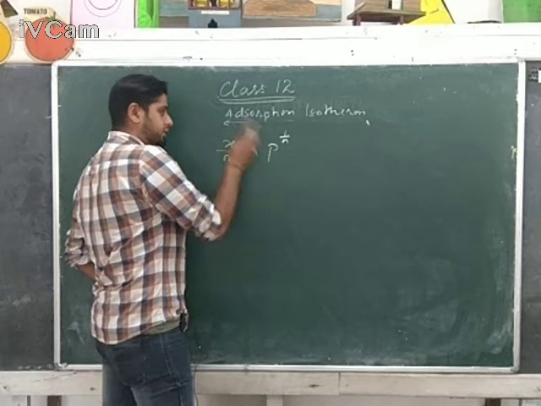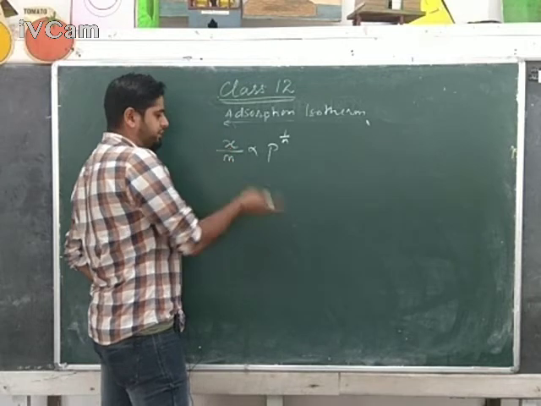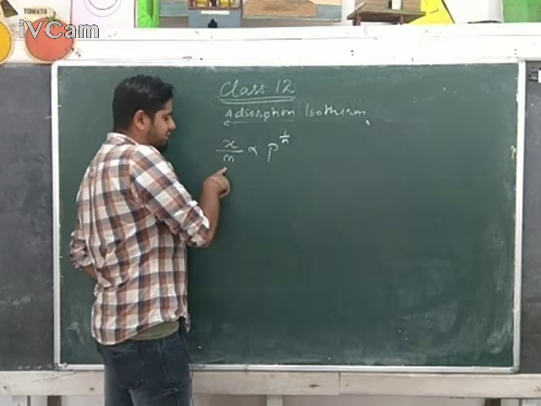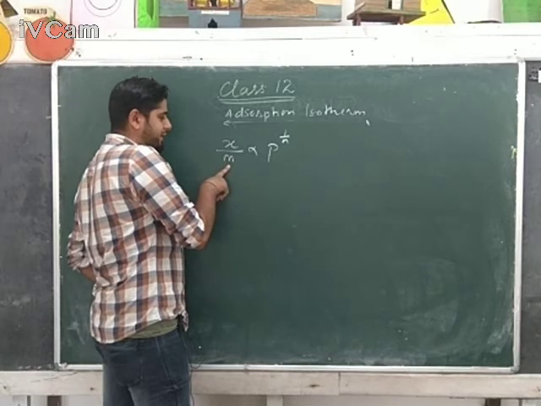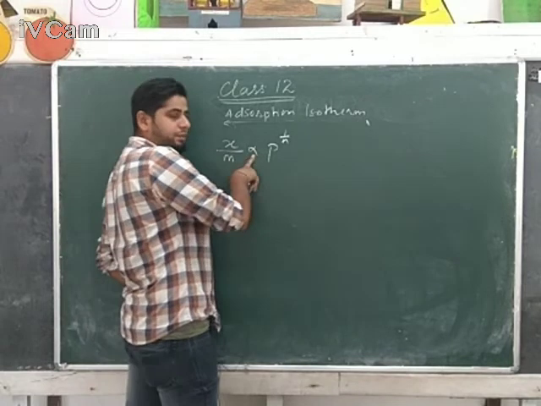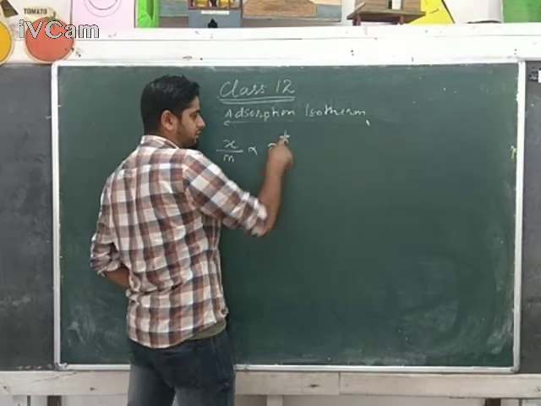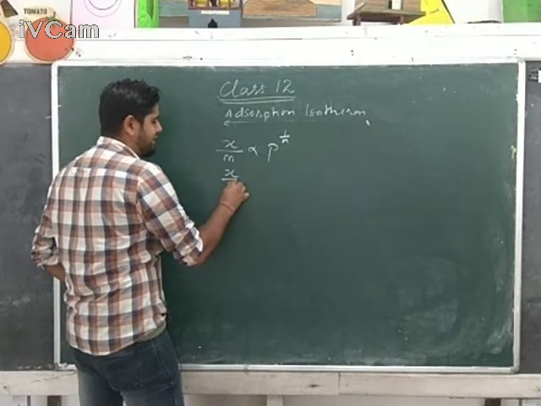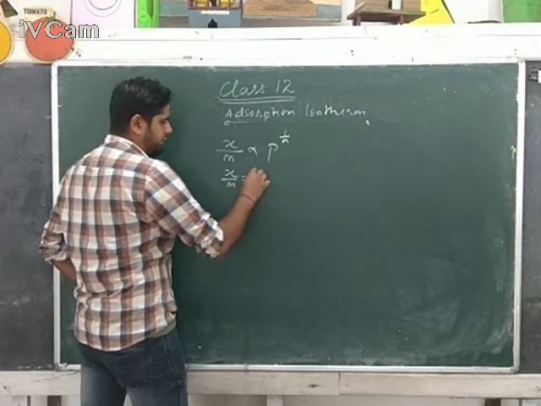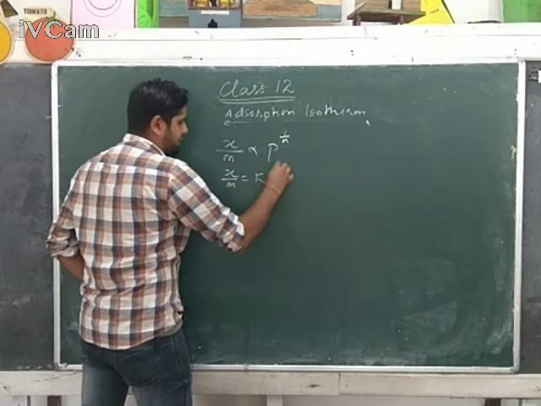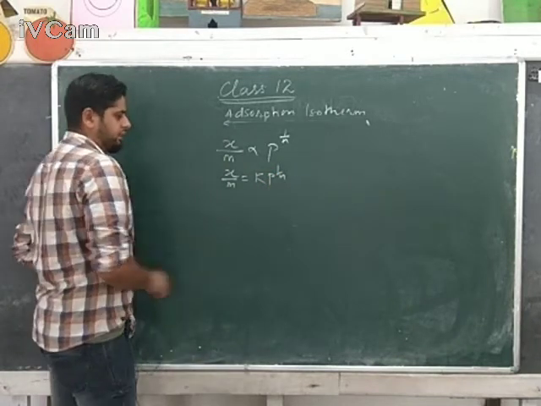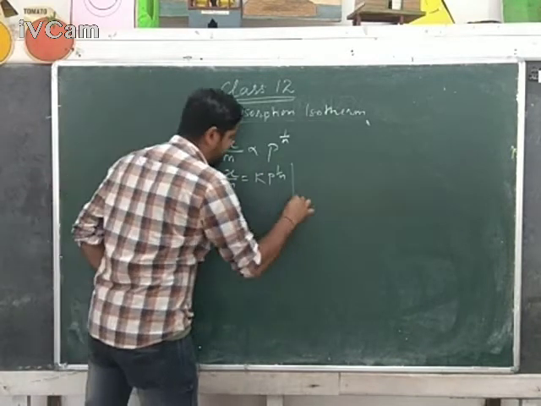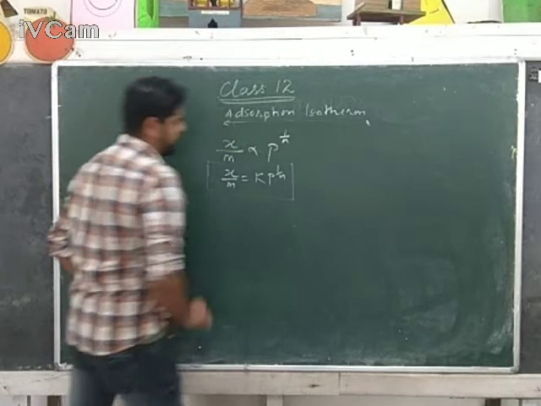If you remove this proportionality sign, then this will be equal to K p to the power 1 by n. So this is the adsorption isotherm.